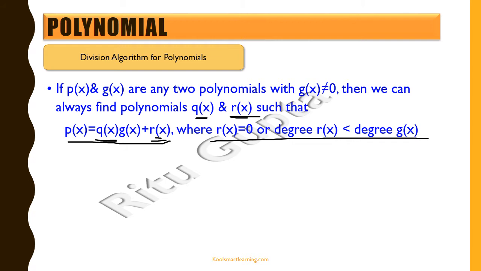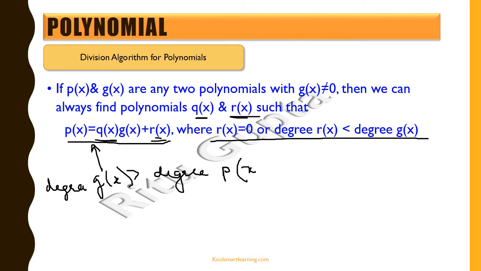Now this is similar to the Euclid's division algorithm for integers. Now the question that comes to mind is, is this true if the degree of g(x) is greater than the degree of p(x)? We are saying that the degree of the divisor is greater than the degree of the p(x) polynomial.